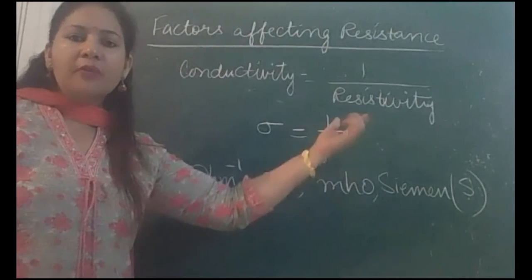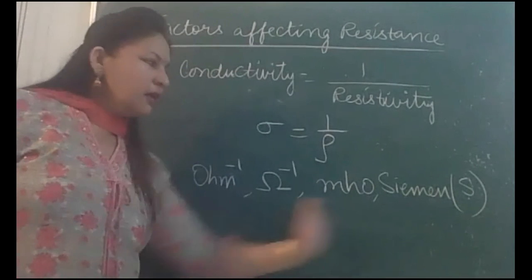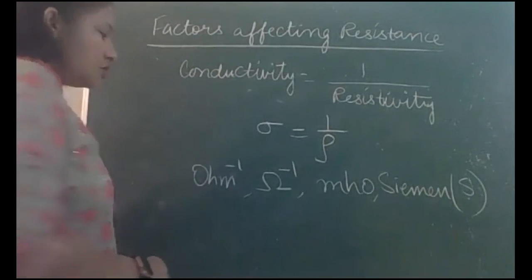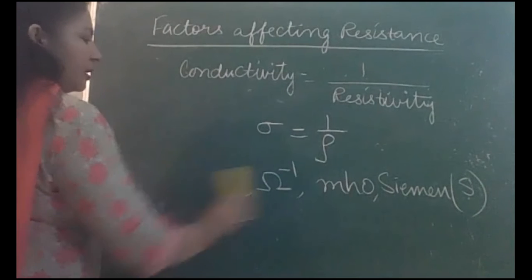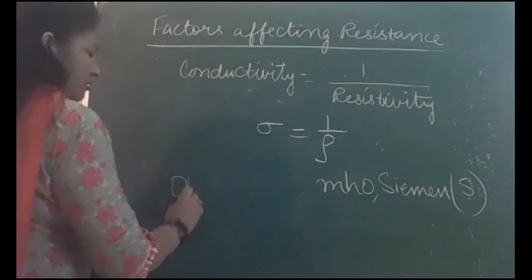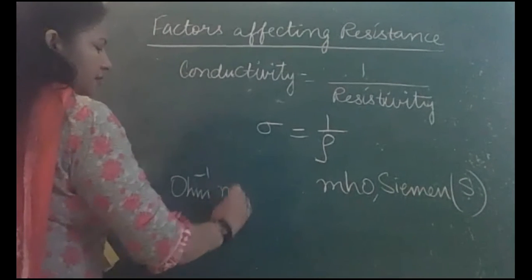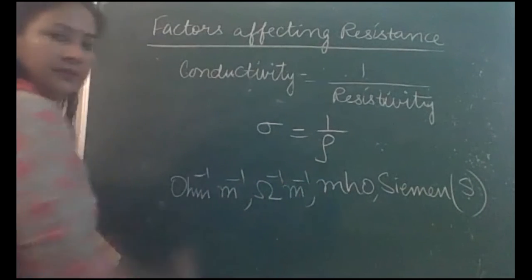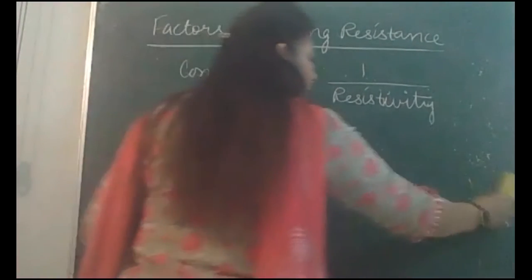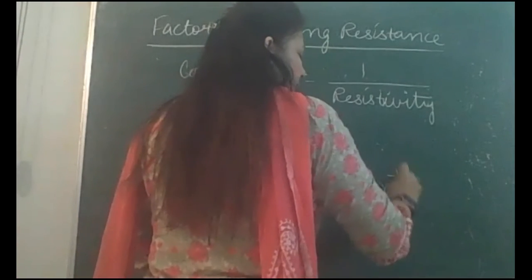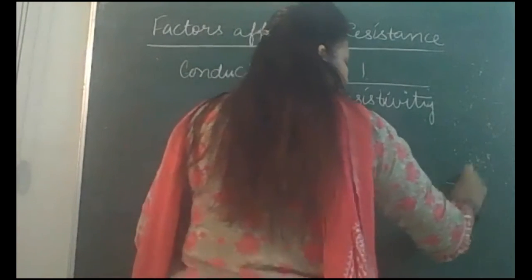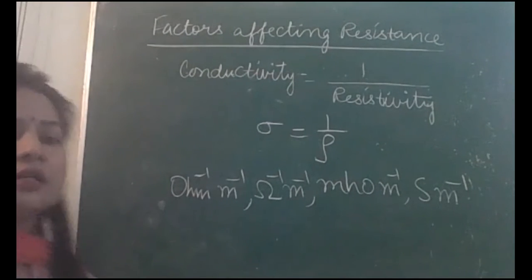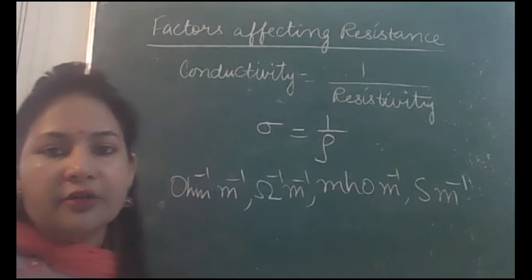So the reciprocal of ohm meter can be written in the same number of ways, just with meter inverse added. So the unit of conductivity will be ohm inverse meter inverse, mho meter inverse, or Siemens meter inverse.